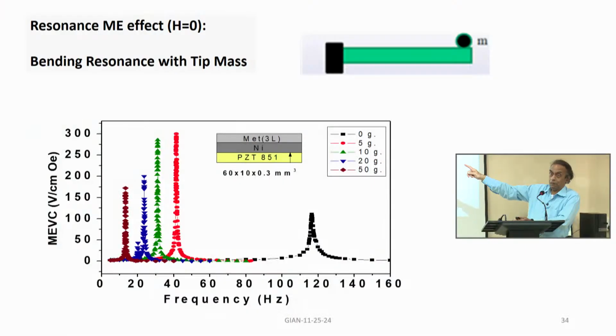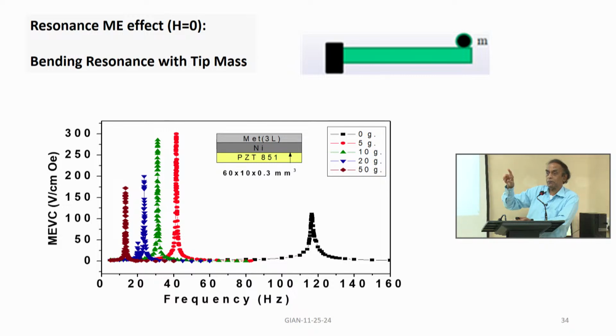So, when you do that, the magnetic field that you want to measure will appear as a sideband at resonance frequency plus frequency.